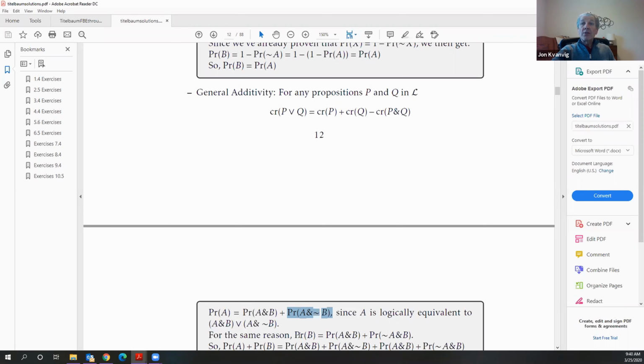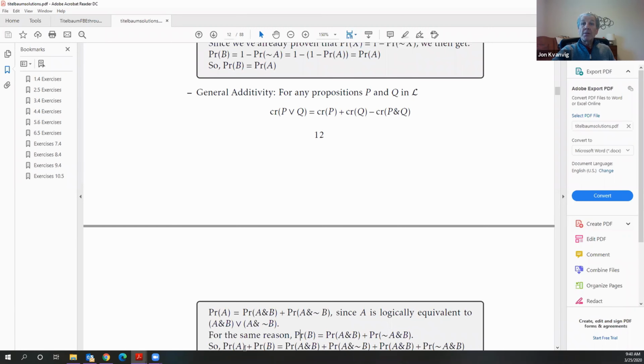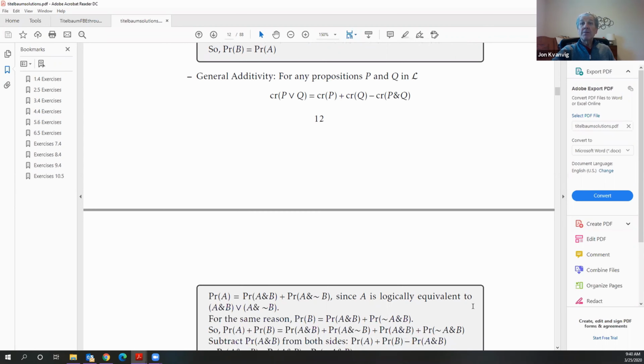And we can do that for both the probability of A and the probability of B. Notice then that tells us that the probability of A plus the probability of B is the probability of A and B plus the probability of A and not B. That's the probability of A, plus the probability of A and B plus the probability of not A and B. That's the probability of B.